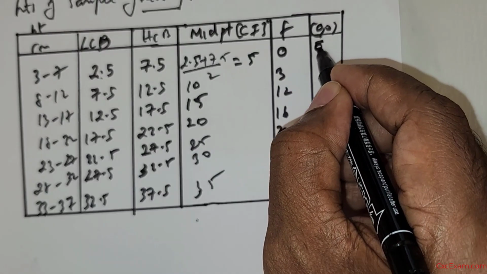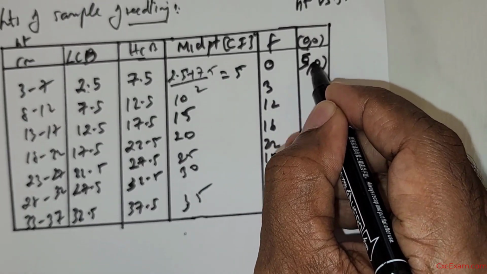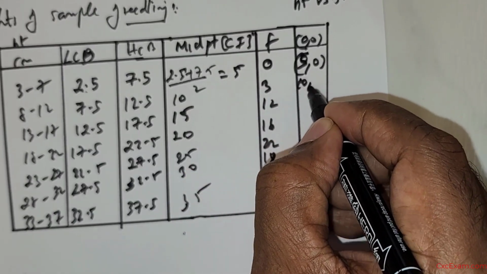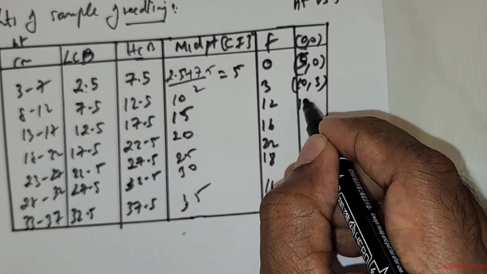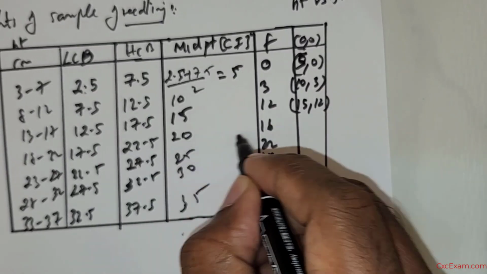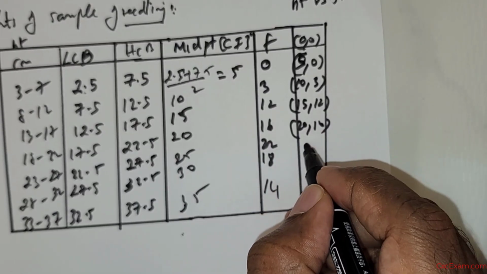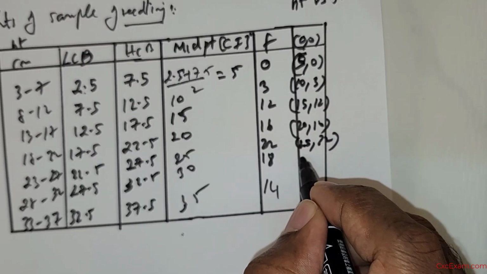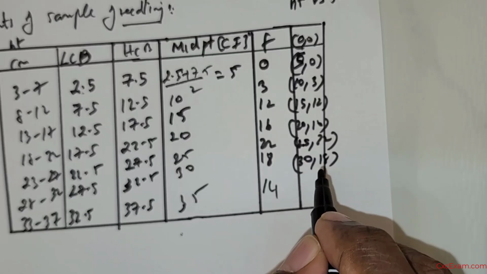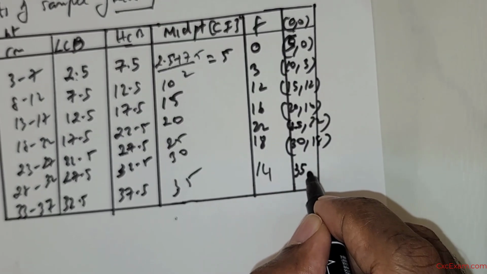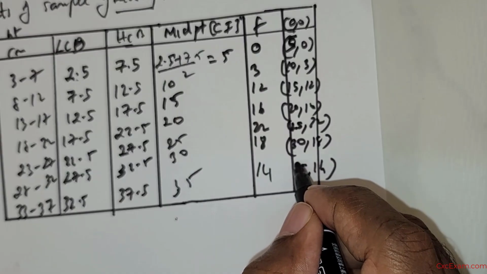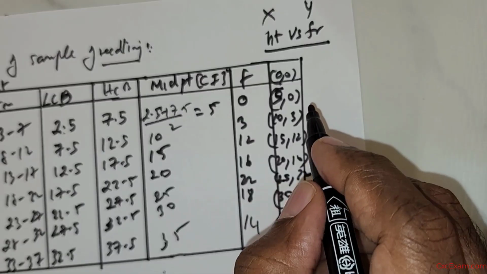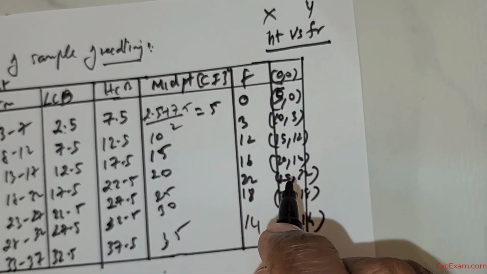So I'm going to write it like this, 5, 0. Height of 10, how many seedlings? 3. So 10, 3. Height of 15, how many seedlings? 12. So 15, 12. 20, 16. 25, 22. And 30, 18. And 35, 14. So these are the points for you to graph.